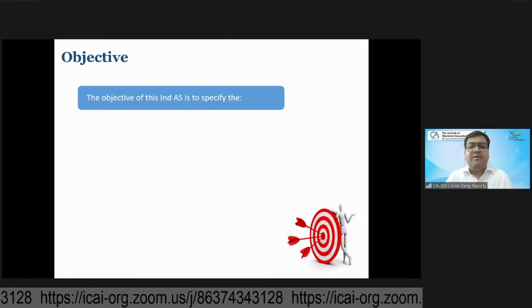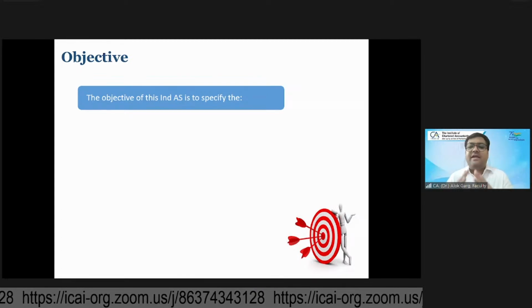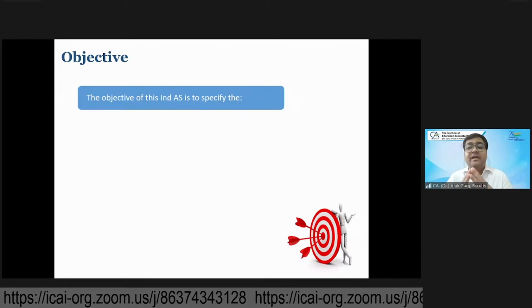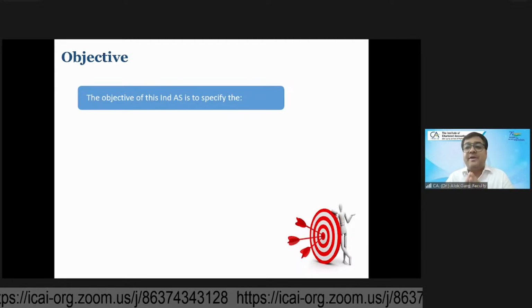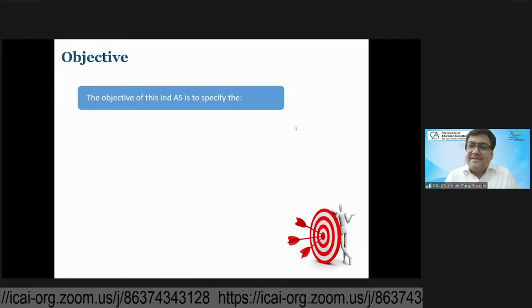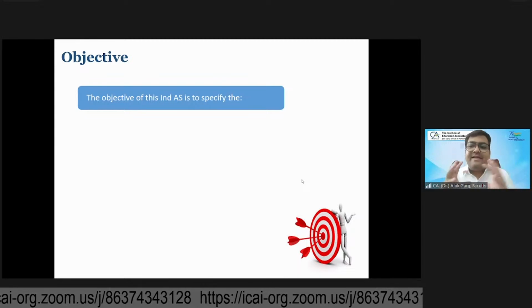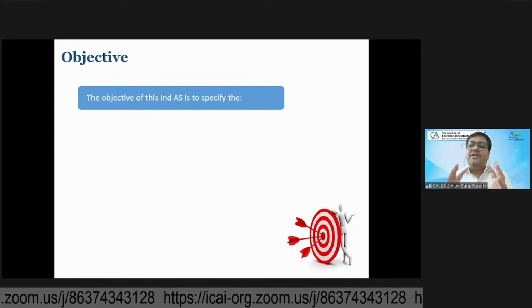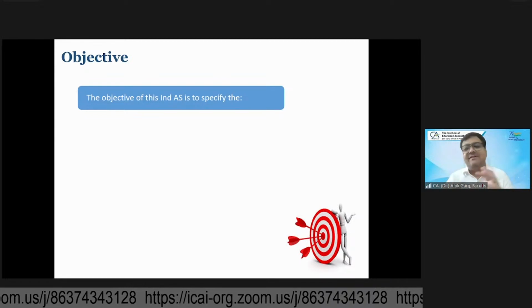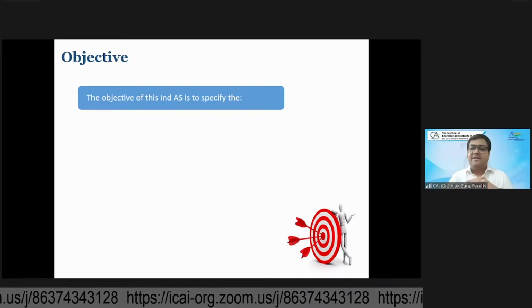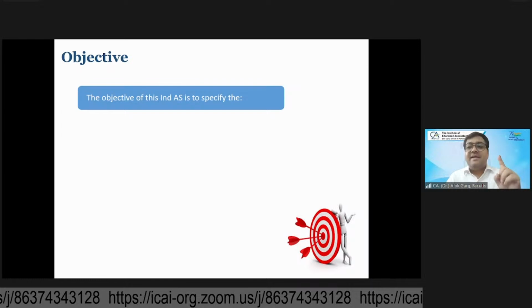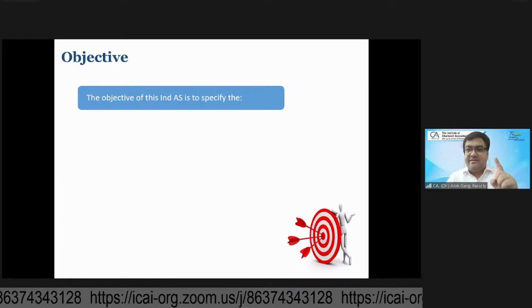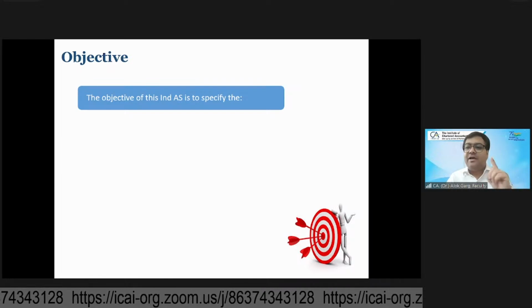So in this standard, we will be talking about individual asset held for sale, disposal group held for sale, and discontinued operations. For a disposal group held for sale, there could be a combination of non-current assets as well as current assets, including liabilities. For an individual asset held for sale, that asset will always be a non-current asset.